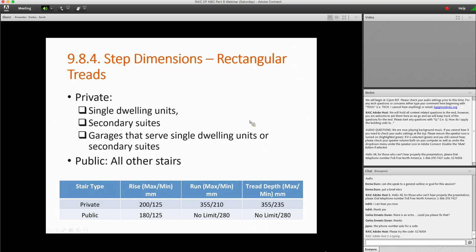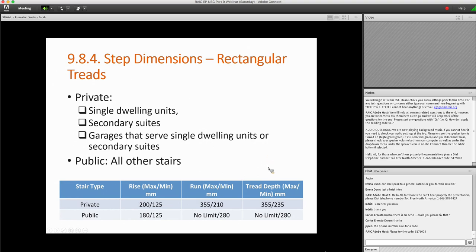Step dimensions have to be consistent for your building. For rectangular treads, these are your rise, so your actual vertical height difference, your run dimensions, maximum and minimum, and tread depth. Private is defined as single dwelling units, secondary suites, or garages that serve either of these.